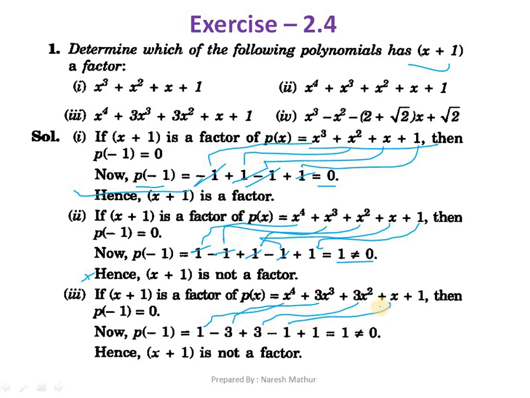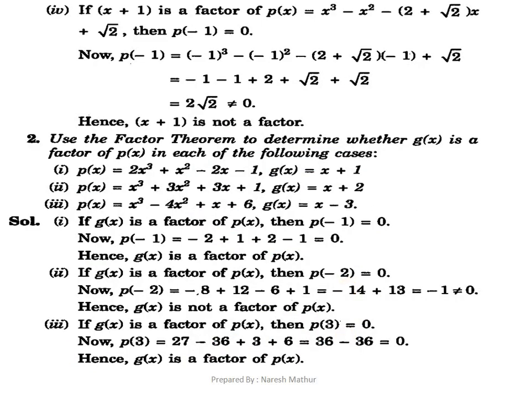Minus 1 in the place of x and 1 is same. So here we'll solve this equation and we'll get 1 as the remainder, because positive 3 and negative 3 will cancel out. So at the end we'll get 1. So it will not be a factor of the given polynomial.